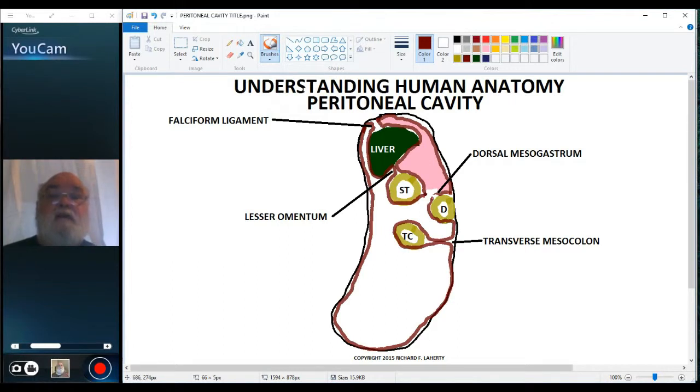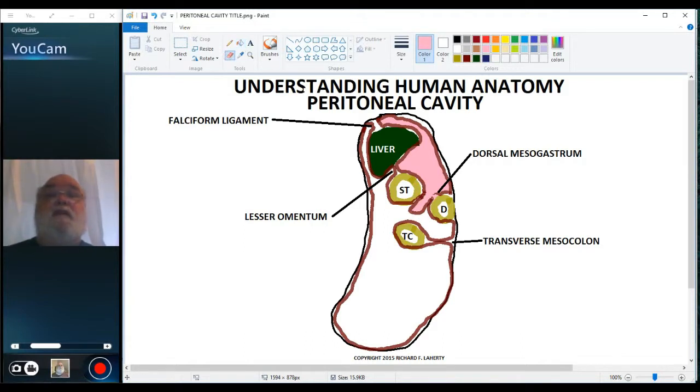So if we take a look here, we could make the mesogastrum grow out a little, like so. And you notice that would mean that the lesser sac is expanded.